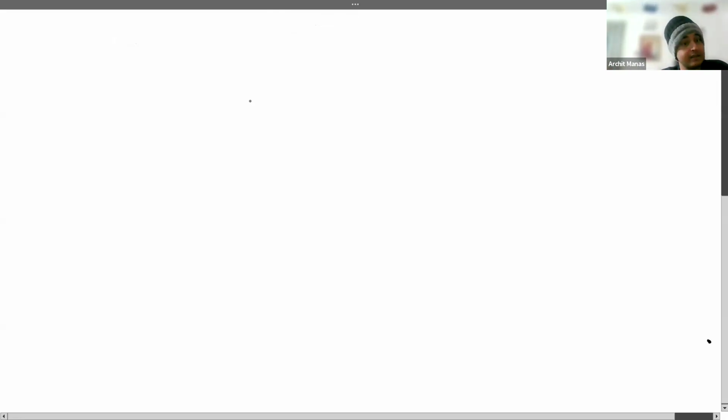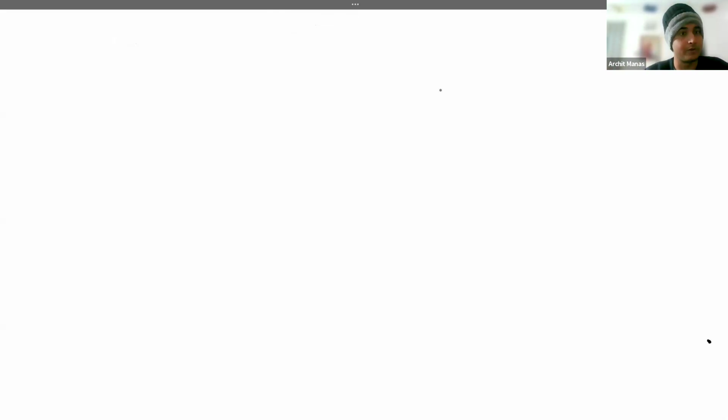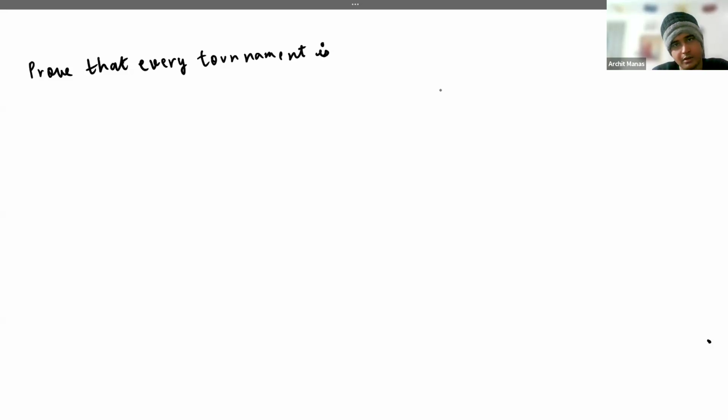All right. So the first thing we're going to be discussing is a very curious property that tournaments enjoy. Some of you may be knowing this. It's a proof that every tournament is Hamiltonian. What does that mean?